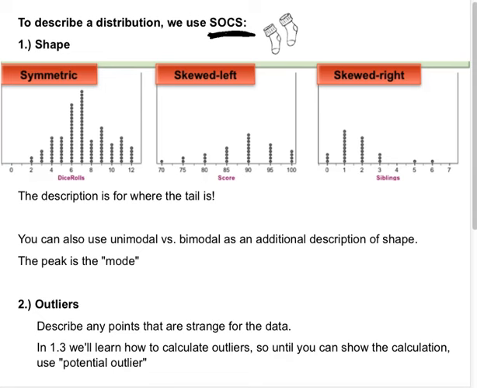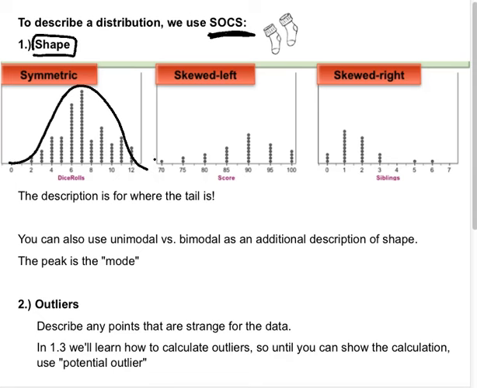The first S represents shape. So there's 3 main shapes that we're going to talk about, okay? The 3 main shapes are symmetric. So notice that just makes a nice shape like that.